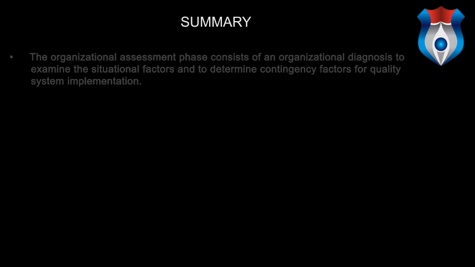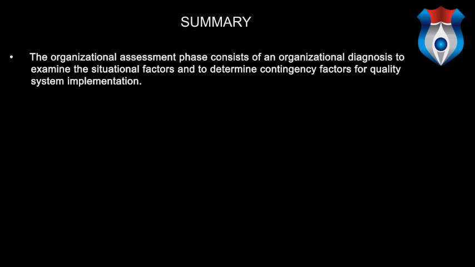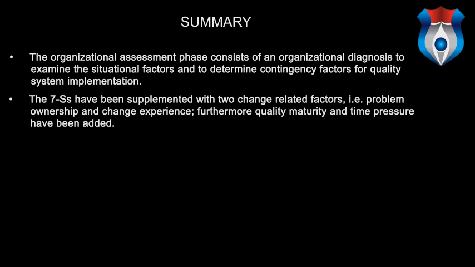Now, in the end, let us summarize what we have learned in this lecture. The organizational assessment phase consists of an organizational diagnosis to examine the situational factors and to determine contingency factors for quality system implementation. The 7S have been supplemented with 2 change-related factors, that is problem ownership and change experience. Furthermore, quality maturity and time pressure have been added.